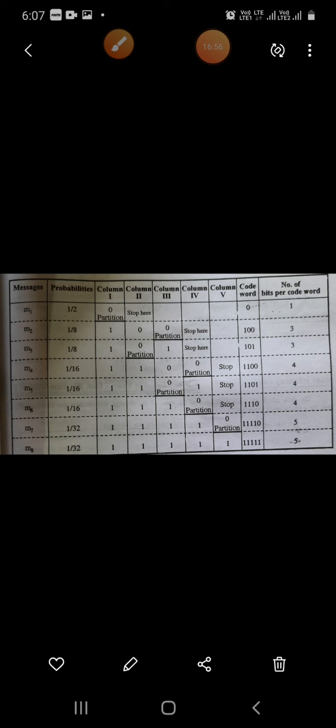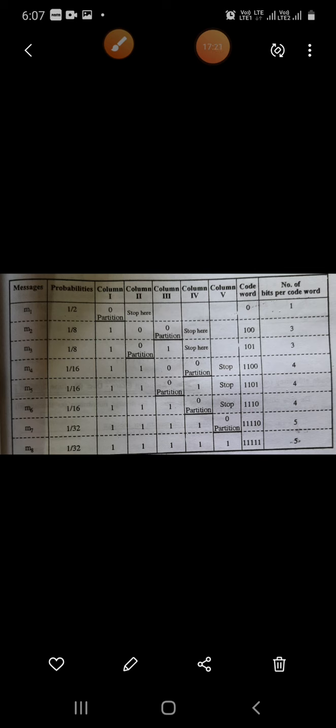Similarly M3 is 101. For M4, which stops at column 5, the code word is 1100. Similarly for M8 the code word is 11111.